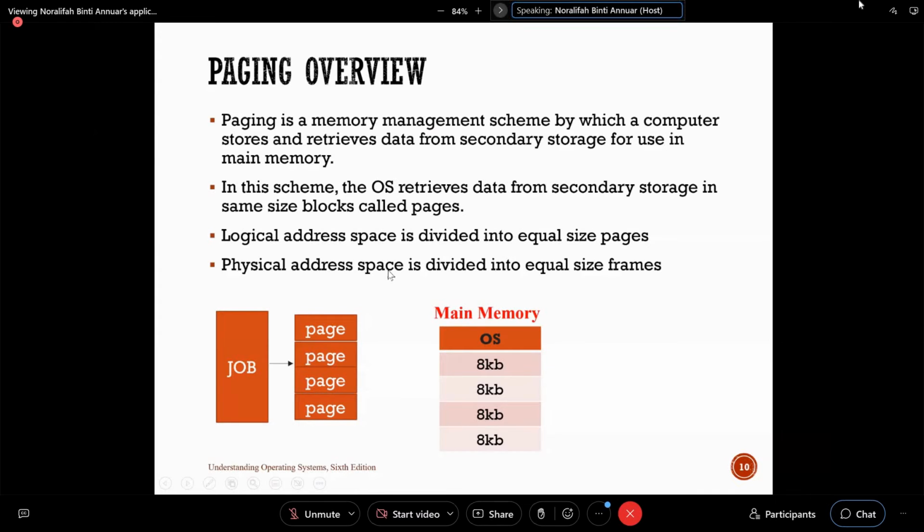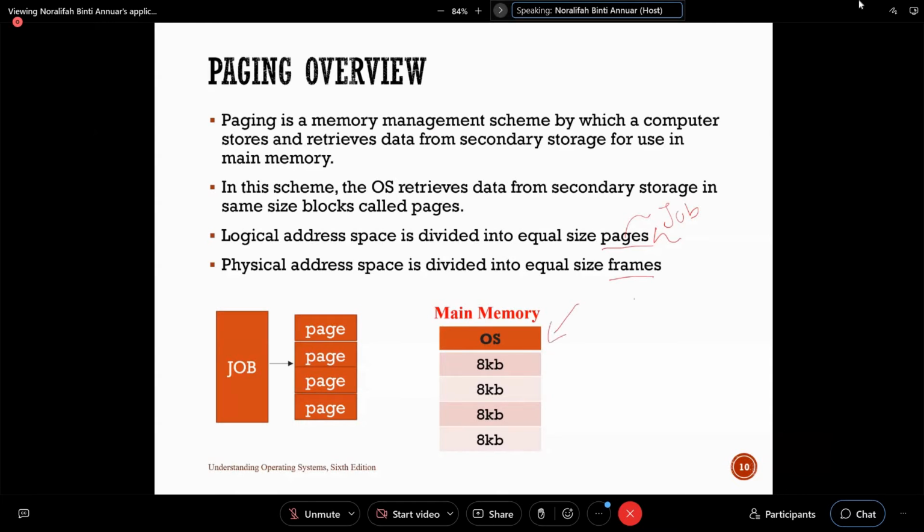Okay, dia ada dua benda ya guys. You must know how to differentiate. Kalau you nampak perkataan page, maksudnya dia adalah job that has been divided into a smaller size or page. Kalau you nampak perkataan frame, adalah di dalam main memory.